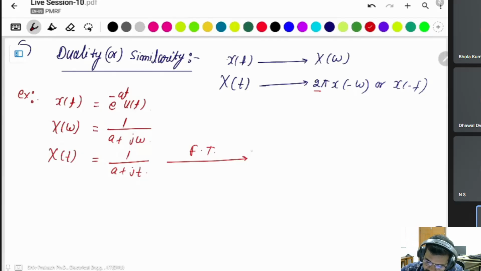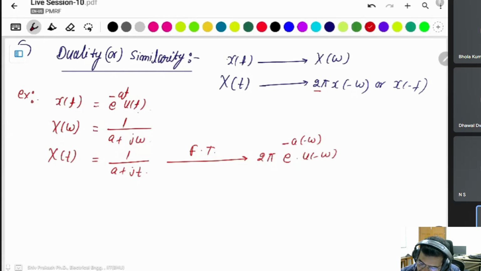Simply we can provide 2π, e to the power of -a in place of t, you have used -ω, into u(-ω).